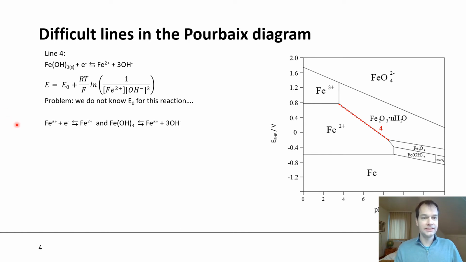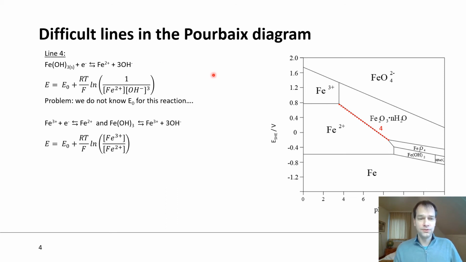Because we can see that there are two reactions occurring together. It's the iron 3 plus electron gives iron 2 plus, and the transition of Fe(OH)3 leads to Fe3 plus and 3 OH minus. It's basically the horizontal line we just discussed and the vertical line we just discussed, and they come together in this overall equation.